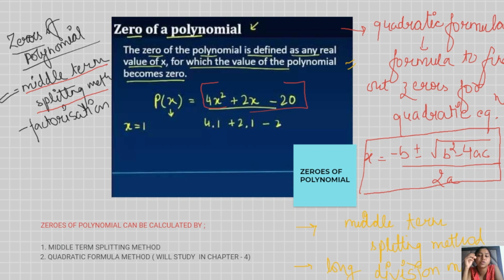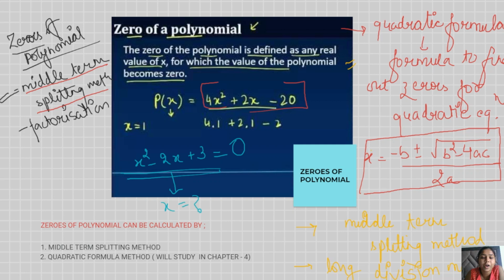Zeros of polynomial are those values of x for which the polynomial becomes 0. For example, this is the equation. Zeros are the values of x such that the whole value of the polynomial becomes 0. So if we put this whole expression equal to 0, we can easily find the value of x like this.